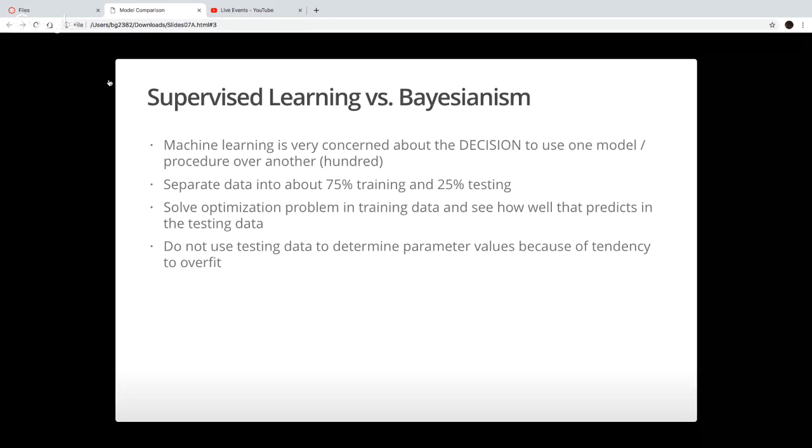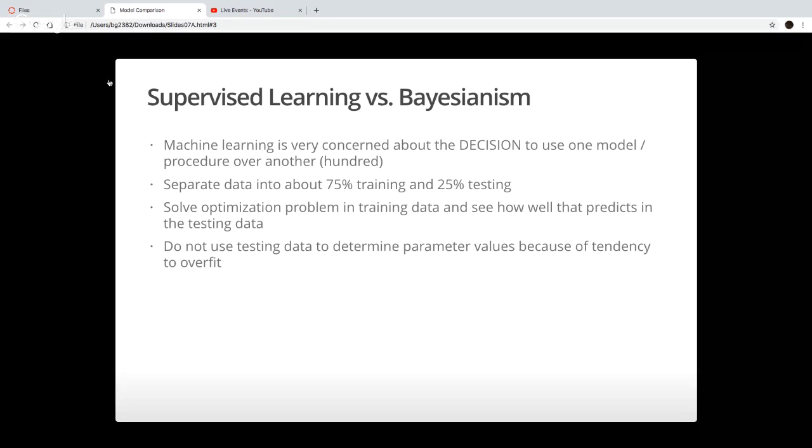But the procedure of splitting up the data, only using the training data to estimate the parameters, hopefully you still have enough training data to estimate those parameters with negligible uncertainty, then predict using those point estimates into the testing data with the testing predictors, see how well it predicts the outcome in the testing data, and then evaluate the different candidate models you're considering as to how well they do predicting the outcome in the same testing set.